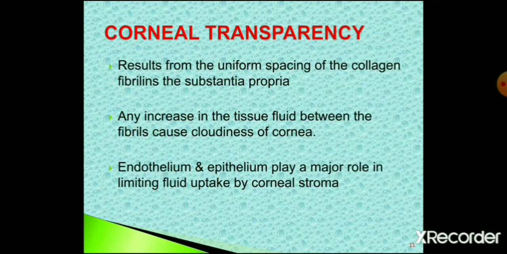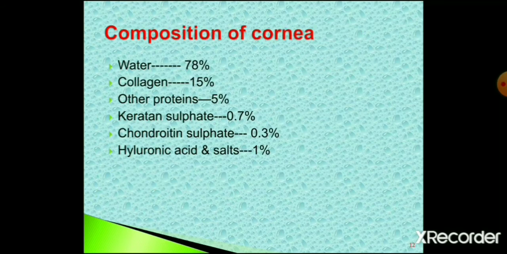Suppose there is an increased quantity of fluid between these collagen fibrils, then there will be clouding of the cornea. Endothelium and epithelium play a major role in limiting the fluid uptake by the corneal stroma. So similarly, endothelium and epithelium play a role in limiting fluid uptake into the cornea. And the other thing is the lamellar arrangement of the collagen fibrils.